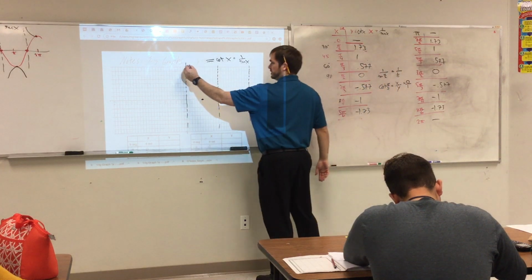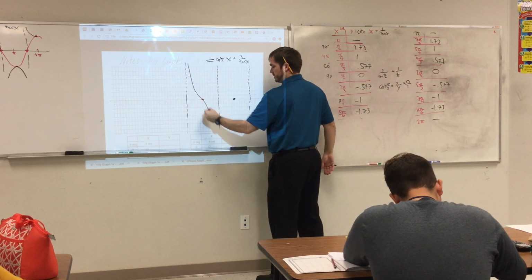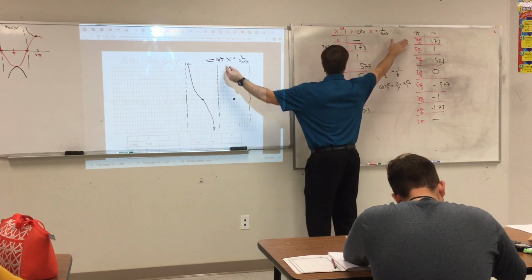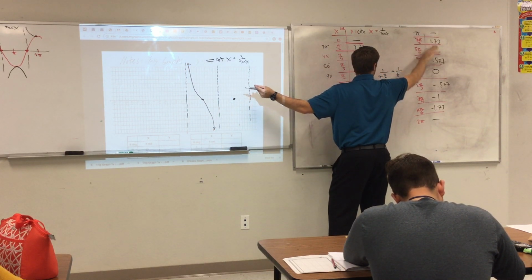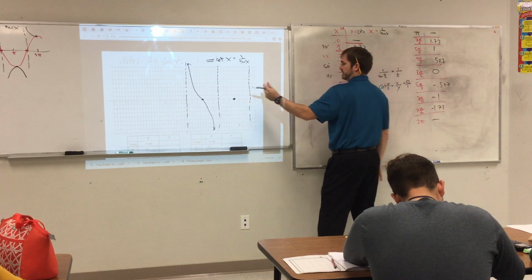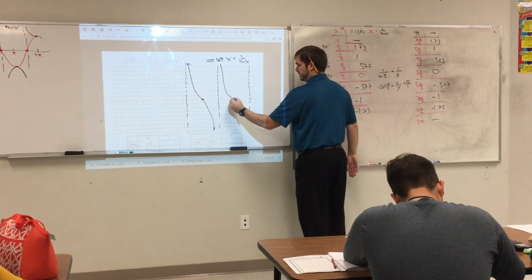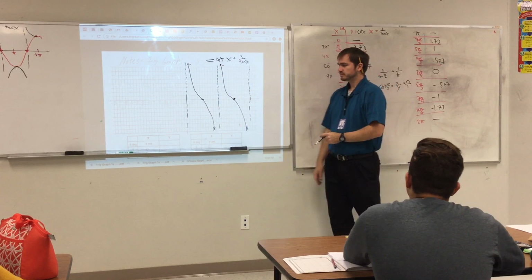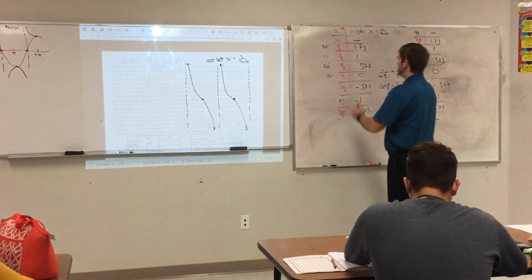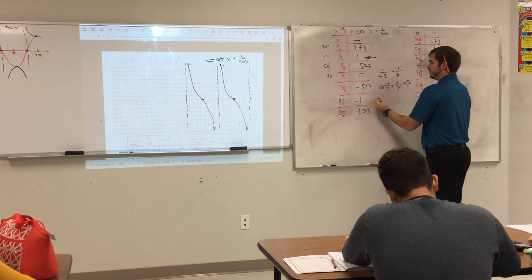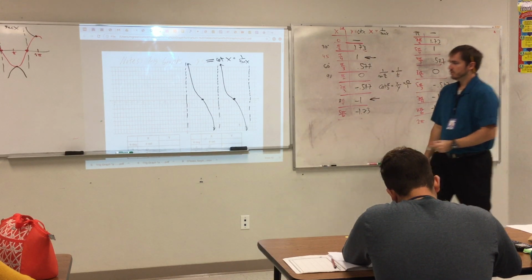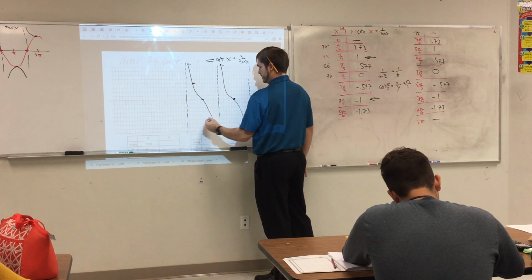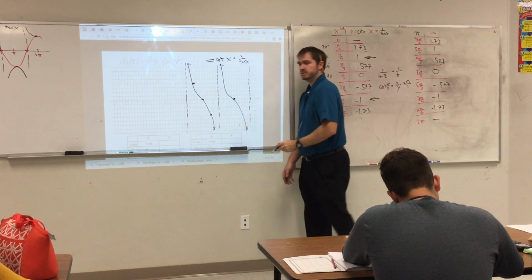So we're positive coming down, and then negative after that. Same thing here. After the asymptote we have positive values, then negative values. What we're most interested in is this positive 1 and negative 1, which occur right in between those points.